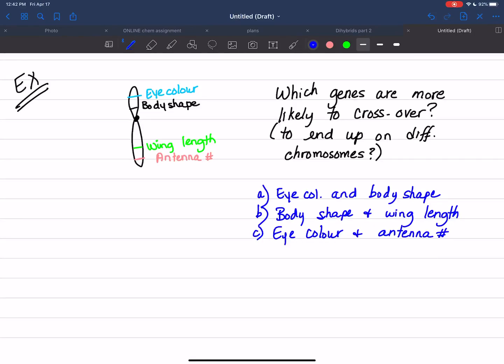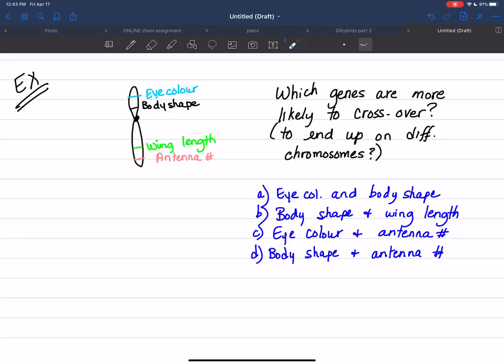And what do I have left? The last one I think is, let me see here. I lost my spot. Body shape, D, and antenna number. Okay, so those are my 4 options. So you have to choose now which ones are going to cross over to different chromosomes.